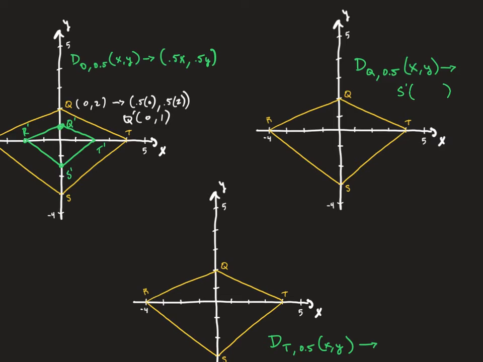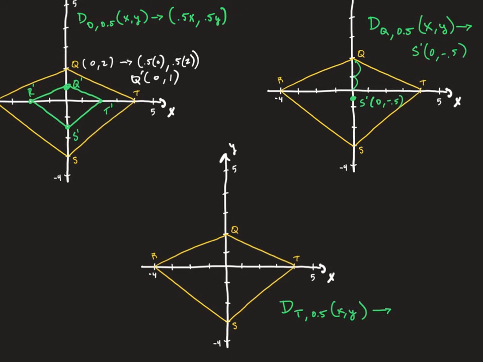I'm not going to do the distance formula here, but I know that if the distance from Q is 1, 2, 3, 4, 5, then my new distance is going to be 2.5, which is 1, 2, and a half. So that is my new location for S, where my x value is still going to be 0, and my y value is actually going to be negative 0.5.